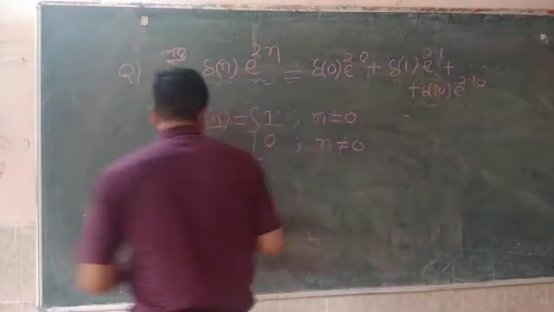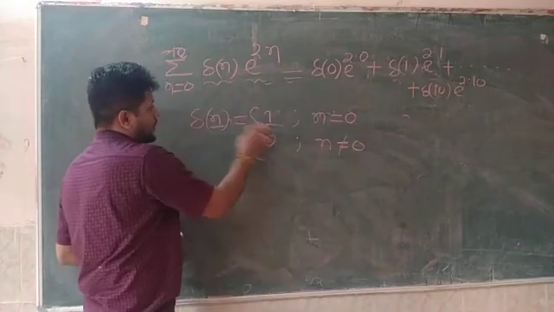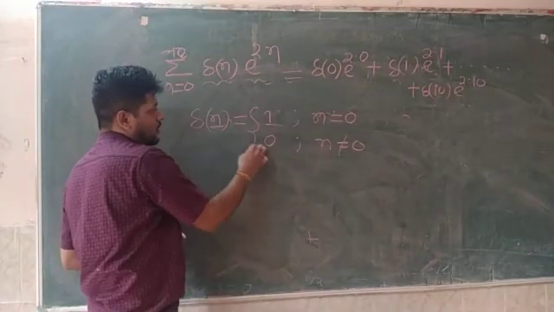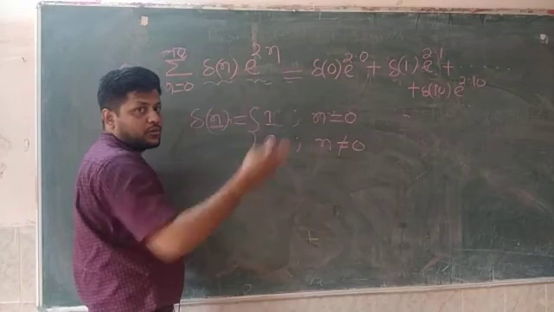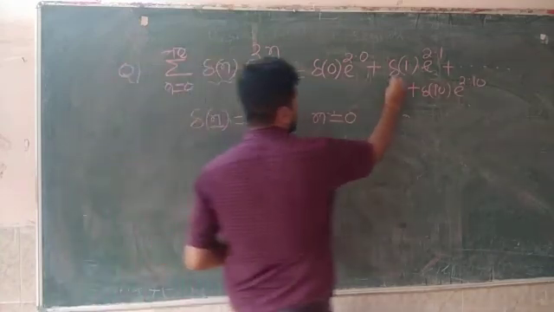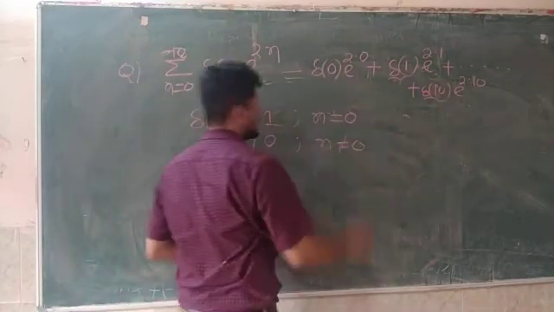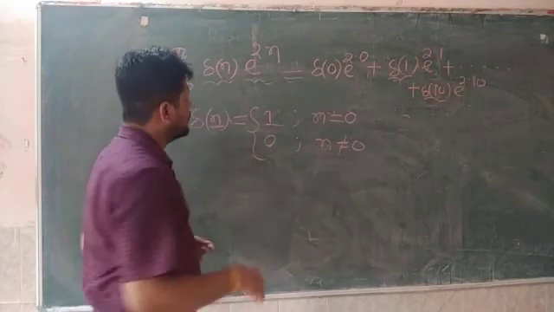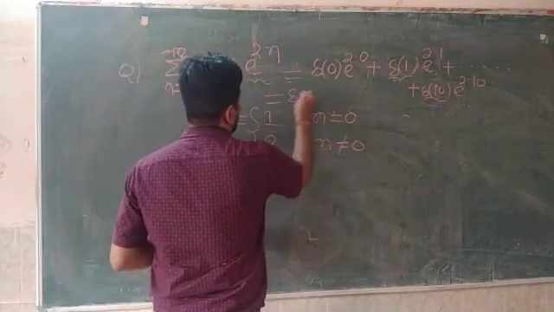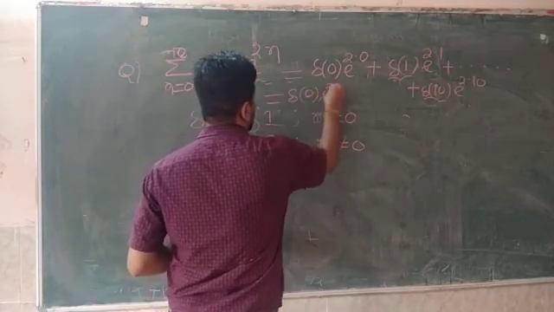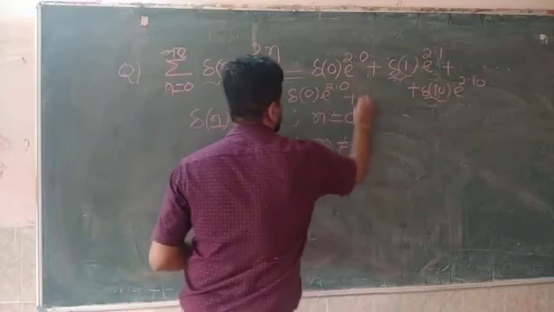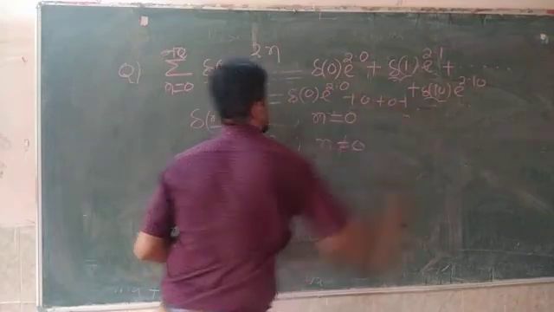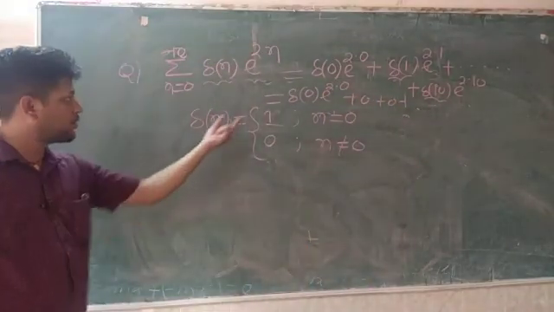But only del of 0 is 1, while del of 1, del of 2 and so on are equal to 0. Hence the entire product will be 0. So the final answer will be del of 0 e to the power 2 into 0. The remaining terms will be 0, and something added with 0 obviously gives the same value.